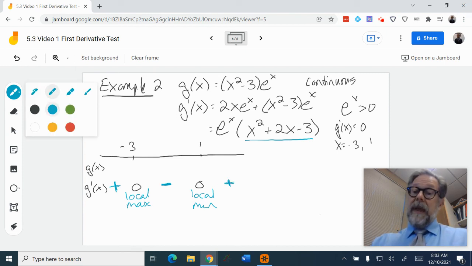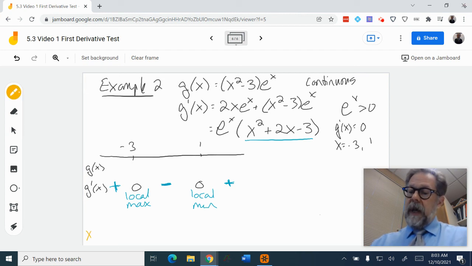Let's talk about the end behavior very quickly. Well, my end behavior as x goes to negative infinity, e to the x is the dominant function, which means that g of x will go to 0. And as x goes to positive infinity, again, e to the x is the dominant function.